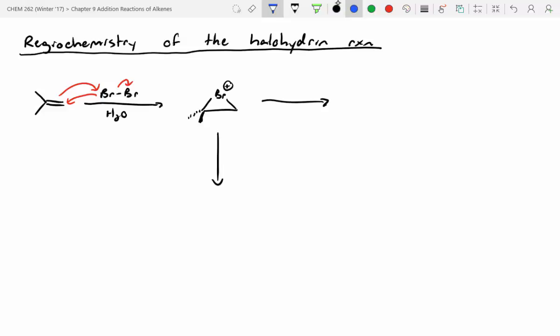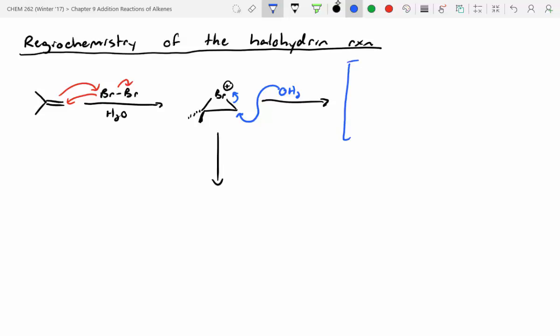And I'll do this first option with blue. And in this reaction, we're going to have the lone pair on the oxygen attack the carbon on the right. So it's going to attack in right here and slingshot this open. Instead of drawing the final product, let's take a look at the intermediate.